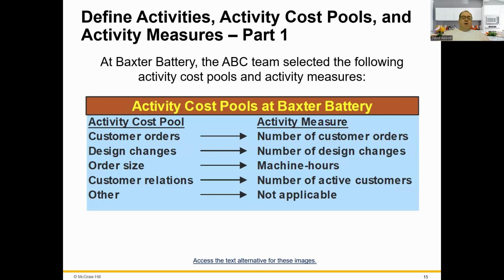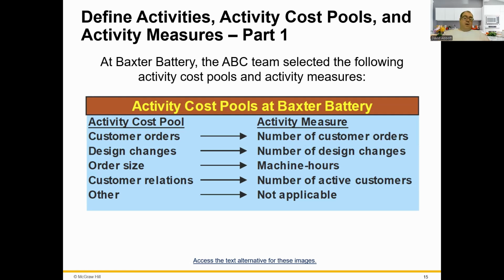The activities are often defined and identified by interviewing the employees that work in the respective overhead departments. The lengthy list of activities that emerges from this process is usually reduced to a handful by combining similar activities.